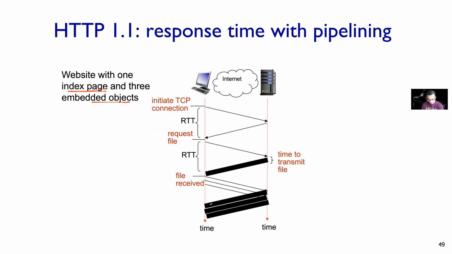And then you receive the responses, right? So the total delay here would be 1 round trip time, 2 round trip times, and 3 round trip times effectively, and then the time to transmit these 4 objects. So the total delay would be 3 RTT plus whatever is the time to transmit these objects individually.